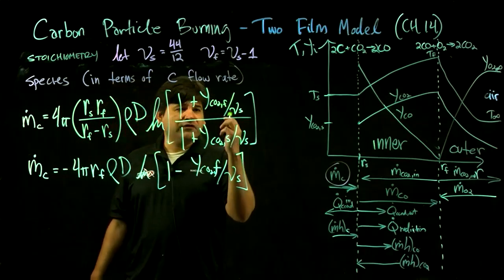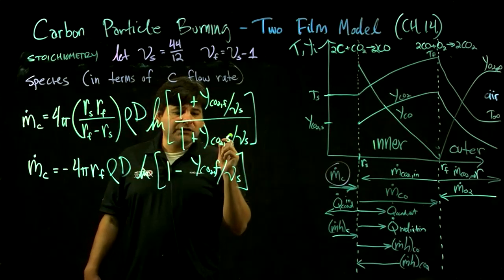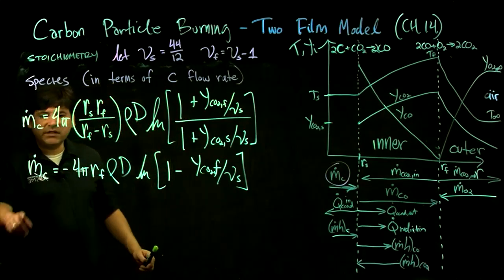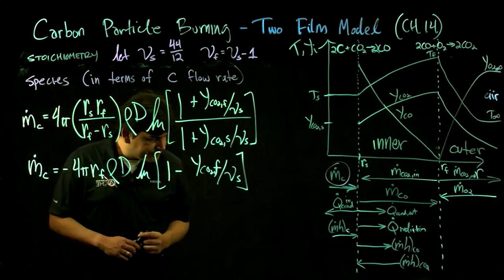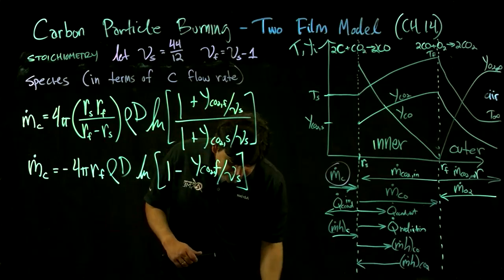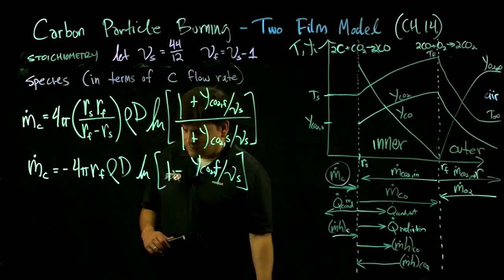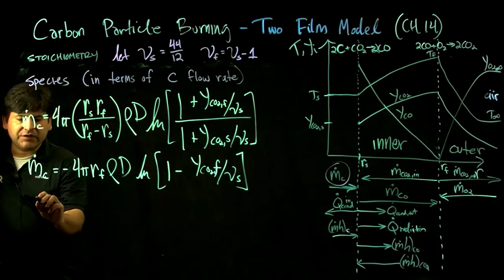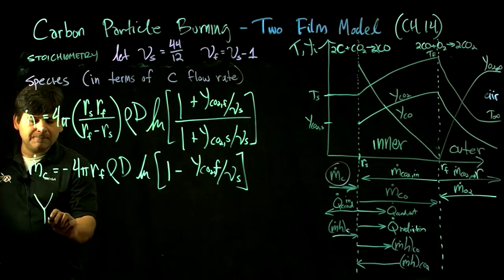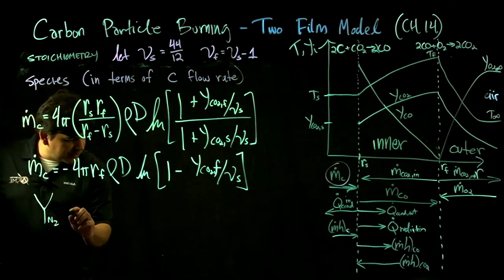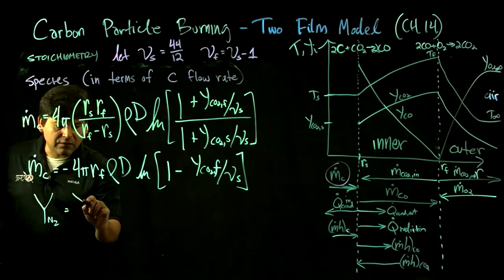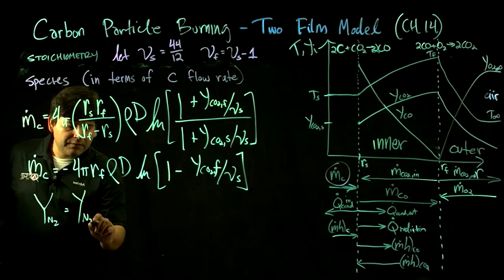The CO2 at the flame, the CO2 at the surface, the position of the flame, the position of the surface, and the mass flow rate of the carbon. And the nitrogen mass fraction should also pop out of these. So that would depend on the far stream.